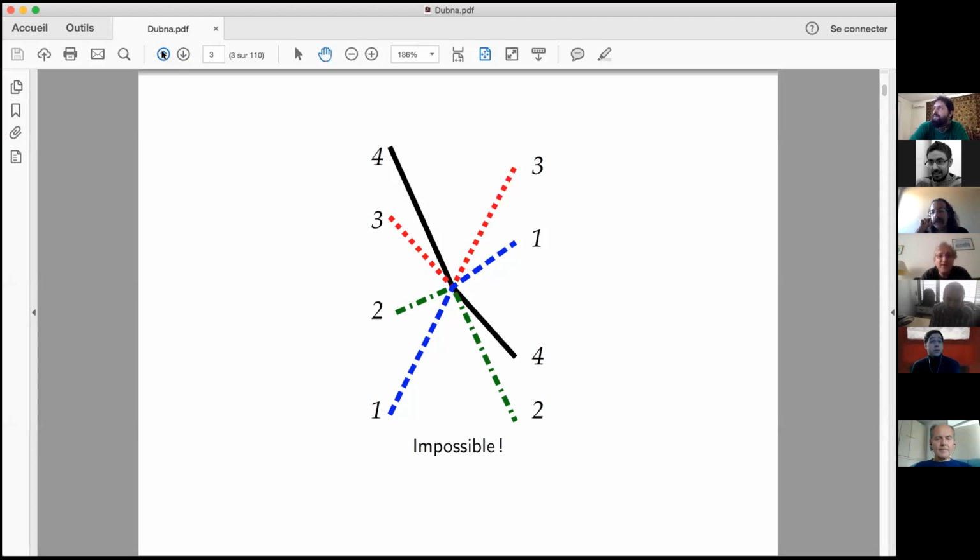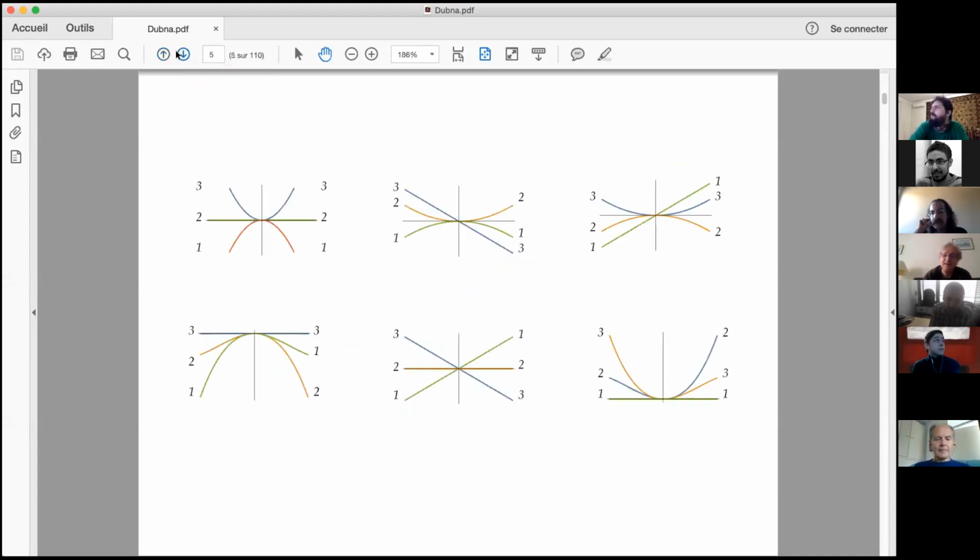Before we give the proof of this theorem, which is again not very difficult, I will show you that if you take 3 polynomials, you have 6 possible permutations a priori. On this picture, you can see that the 6 permutations do occur under suitable choices of polynomials.